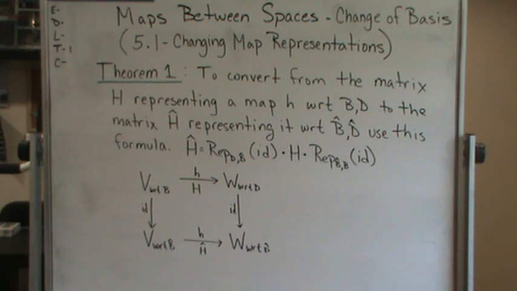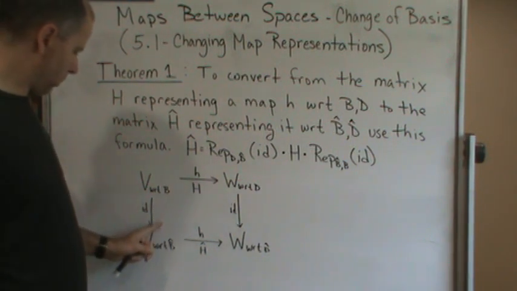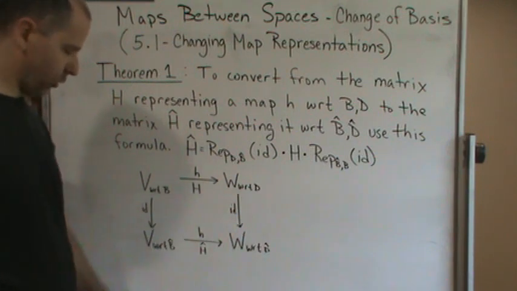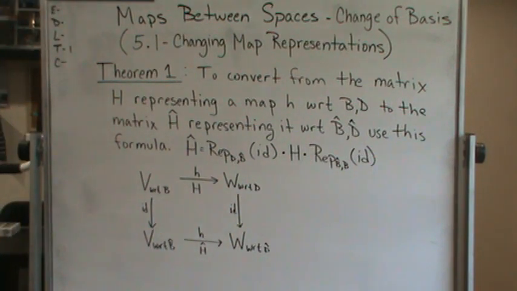We can go up to V with respect to B, then go over and then down. So we can go this route, right? We can go here, here, here. So we can either go across or we can go all the way around.